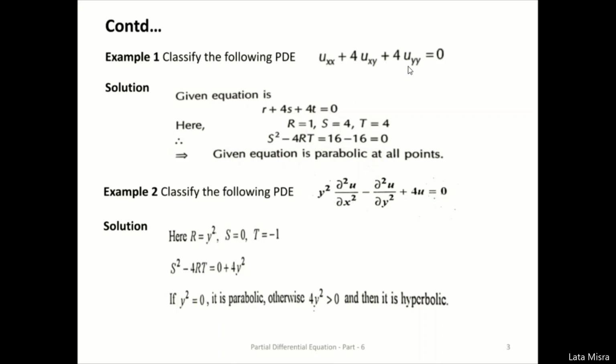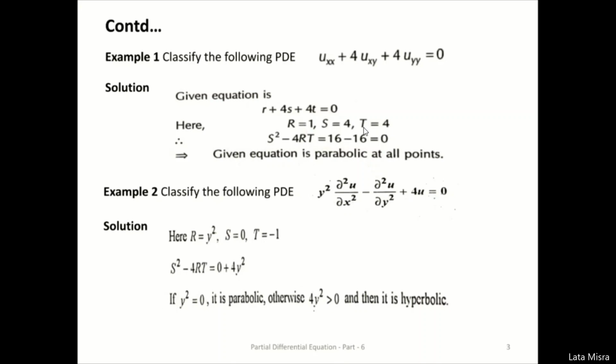Comparing to the general partial differential equation Rr, Ss, Tt plus a function of p, q, x, y, u equal to 0, uxx is replaced by small r, uxy by small s, and uyy by small t. Now we see here capital R is equal to 1, capital S is equal to 4, capital T is equal to 4.